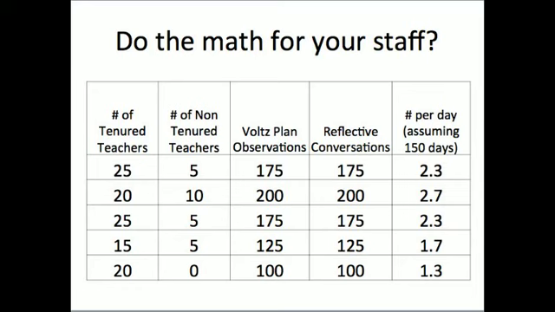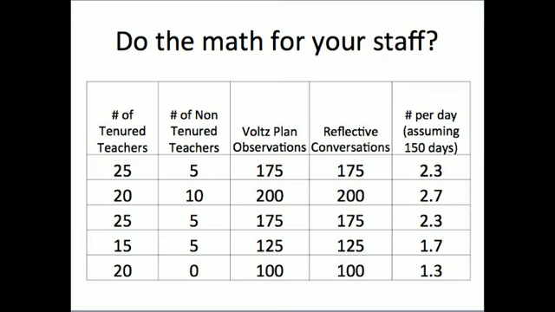The slide you are looking at is an estimation of the number of observations per day an evaluator would need to make based on the number of teachers he or she is evaluating. So in the first line, for example, if that administrator had 25 tenured teachers and 5 non-tenured teachers, my plan would require 175 total observations. But remember, 80% of those are 10 to 15 minutes.